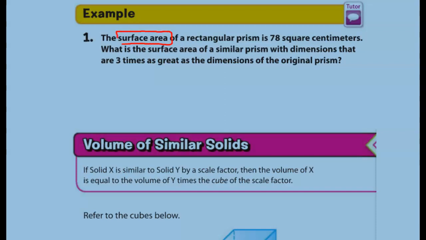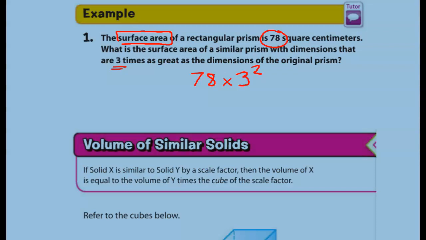So what we're going to do is take this scale factor, which is 3, and multiply the original, 78, not times 3, because we're doing the surface area. So we would do times 3 squared. Now remember, if we were working on the volume, we would do 3 to the third power.